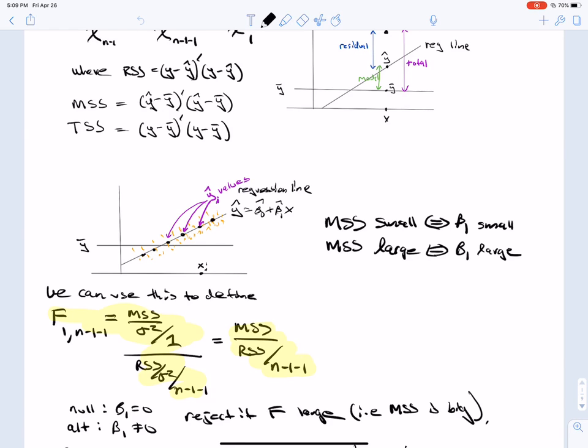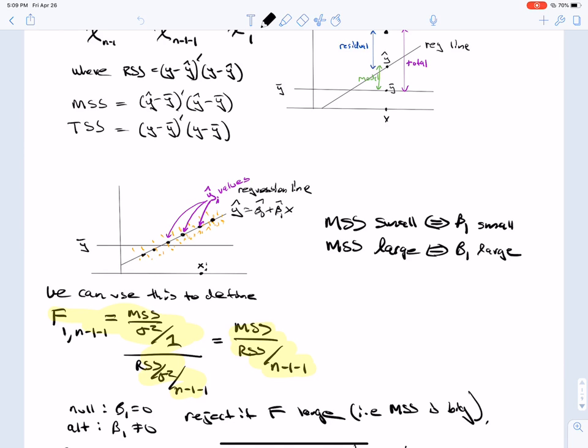You can see that when MSS is small, that means that the regression line is horizontal. In fact, it's y bar, and so beta 1, the slope, will be small. If MSS is large, then beta 1 will be large.